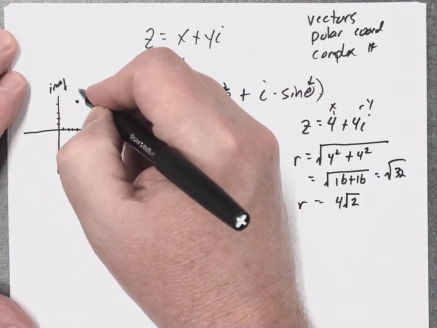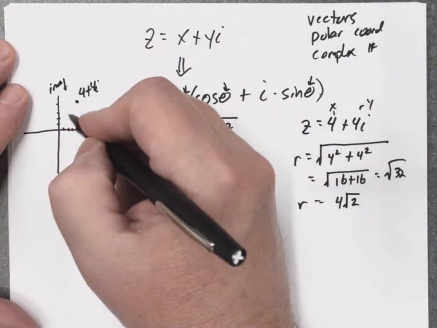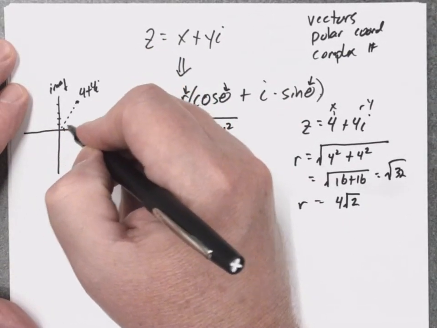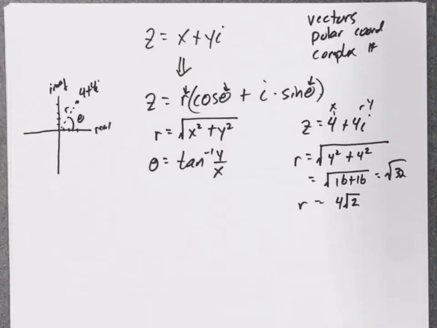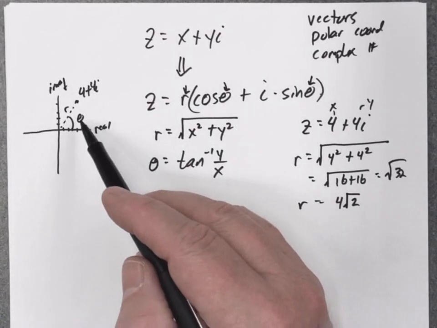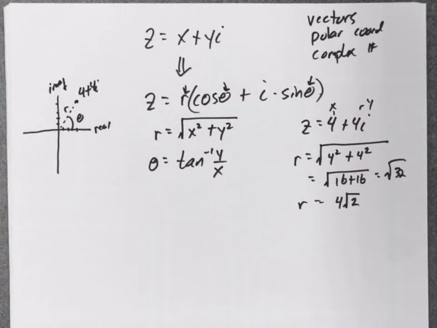So right there should be 4 plus 4i. The reason I do that is because here is r, here's theta. When I calculate my angle, I know my angle needs to be in the first quadrant for this problem. So this one's pretty straightforward.